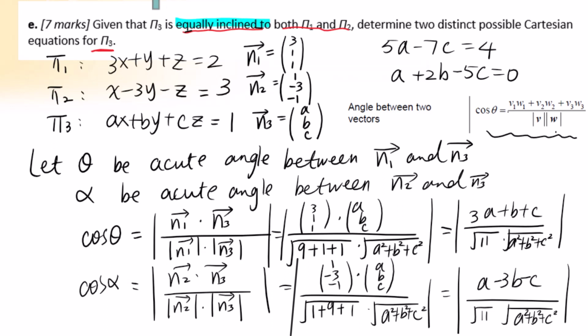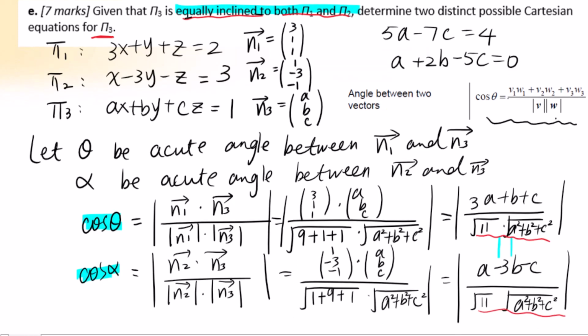Equally inclined to both pi 1 and pi 2 means cosine theta equals cosine alpha. You notice that the denominators are the same.